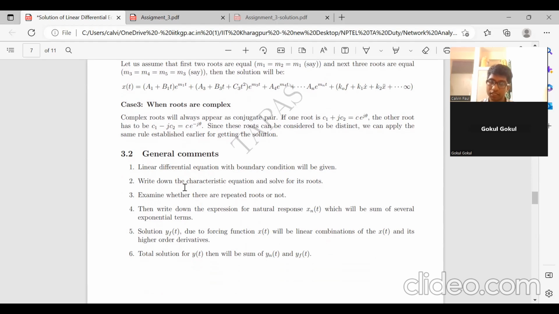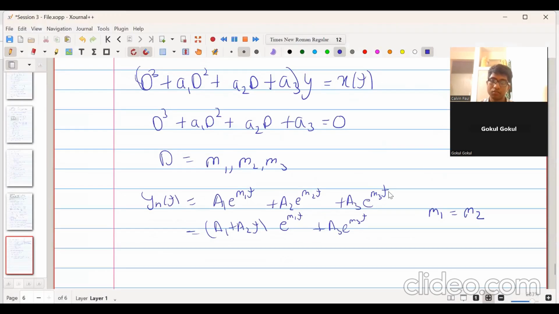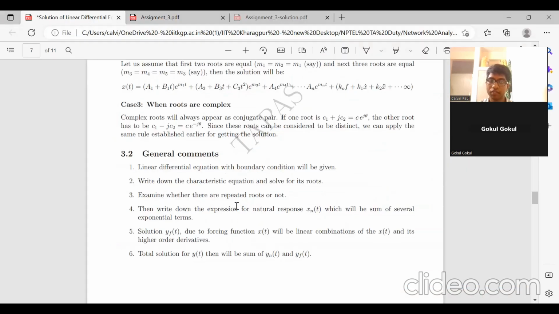First, we write down the characteristic equation and solve for its roots. Now, if they are distinct, then we write it in this form. If they are equal, then we write it in this form. And if they are complex, there is also a form in which we can write it down. Then we write down the expression for natural response, which will be the sum of several exponential terms, as we know.